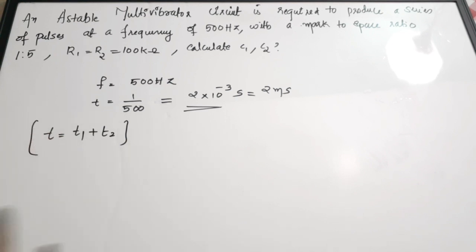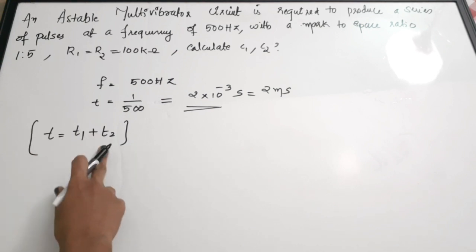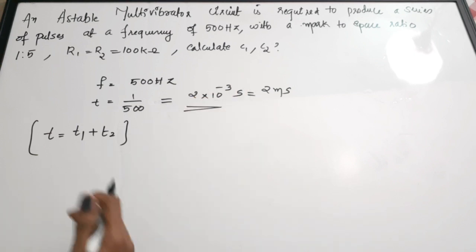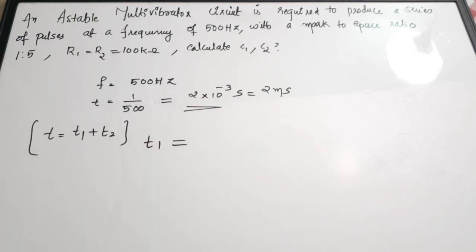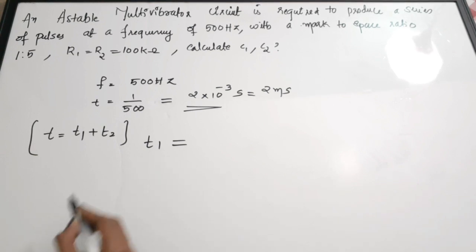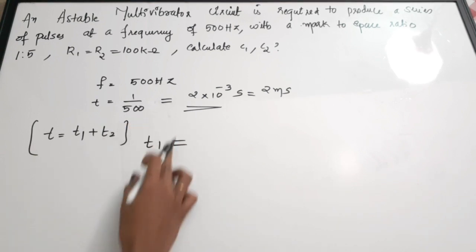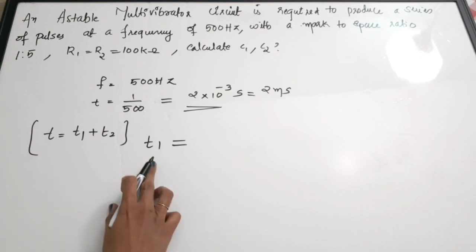Now, we don't need T1 or T2. We need C1 and C2. How can we relate T1 and T2 to C1 and C2? We have discussed these equations in detail while discussing the astable multivibrator. T1 is the on time of transistor Q1 or the off time of transistor Q2.